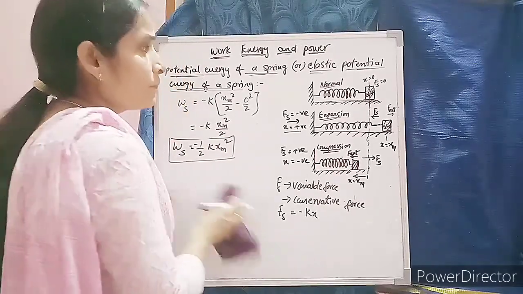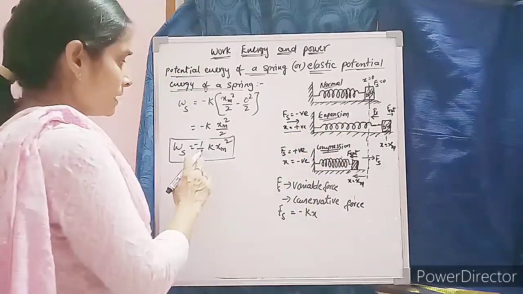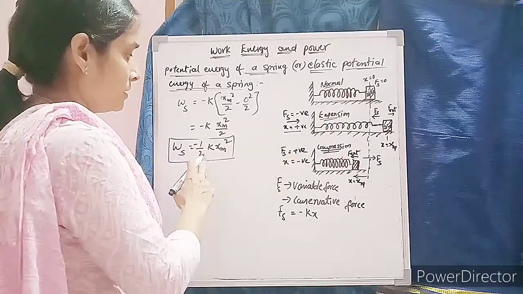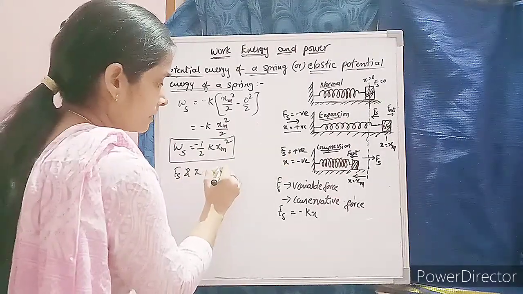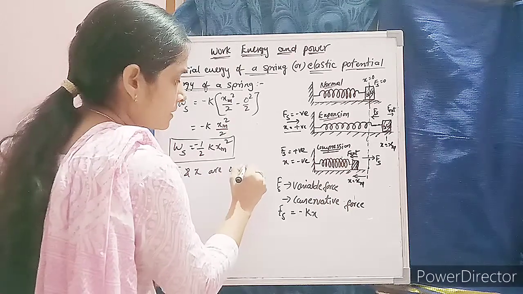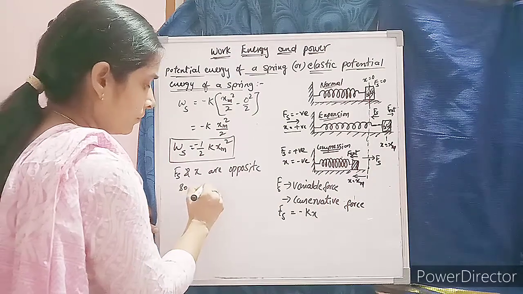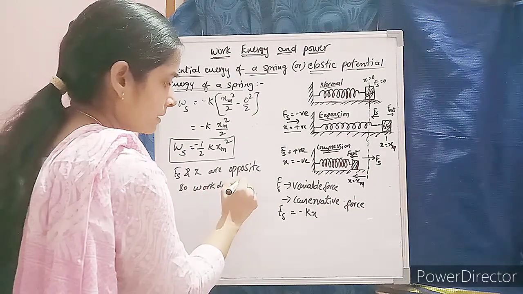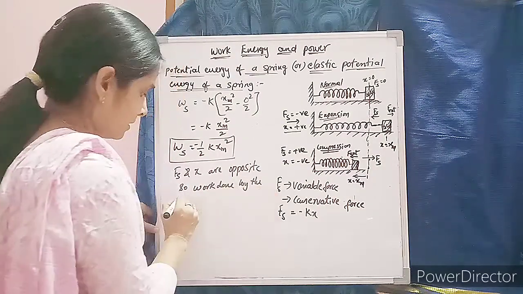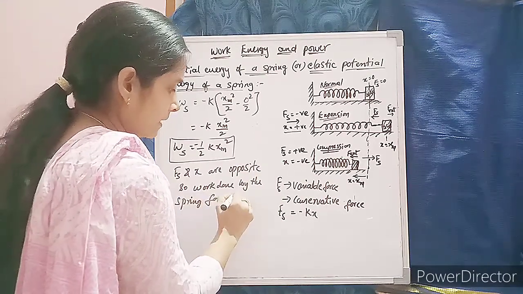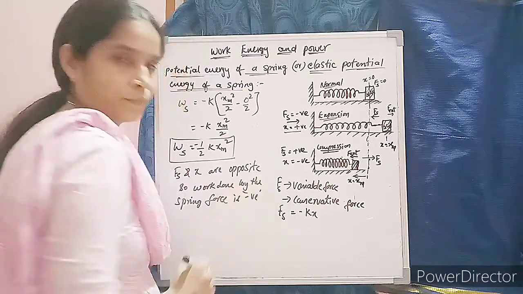Work done by the external force. Here the displacement and force are opposite to each other: Fs and x are opposite. So the work done by the spring force is negative.